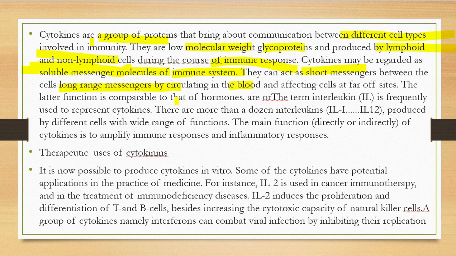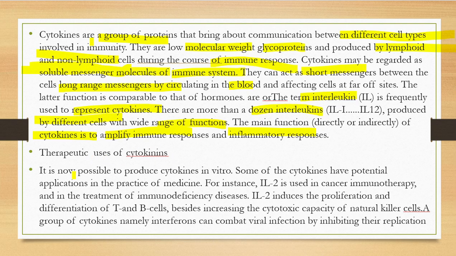The latter function is comparable to that of hormones, and the term interleukins is frequently used to represent the cytokines. There are dozens of interleukins, produced by different cells with a wide range of functions. The main function of the cytokines is to amplify the immune responses as well as the inflammatory responses.